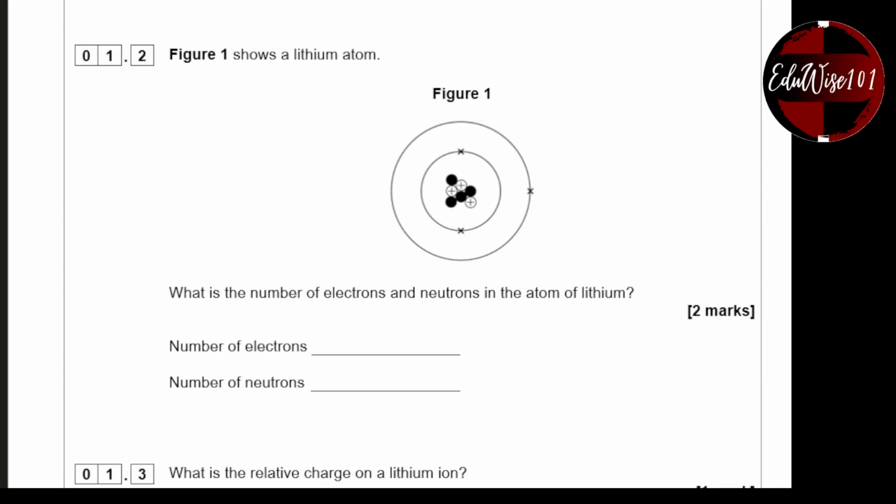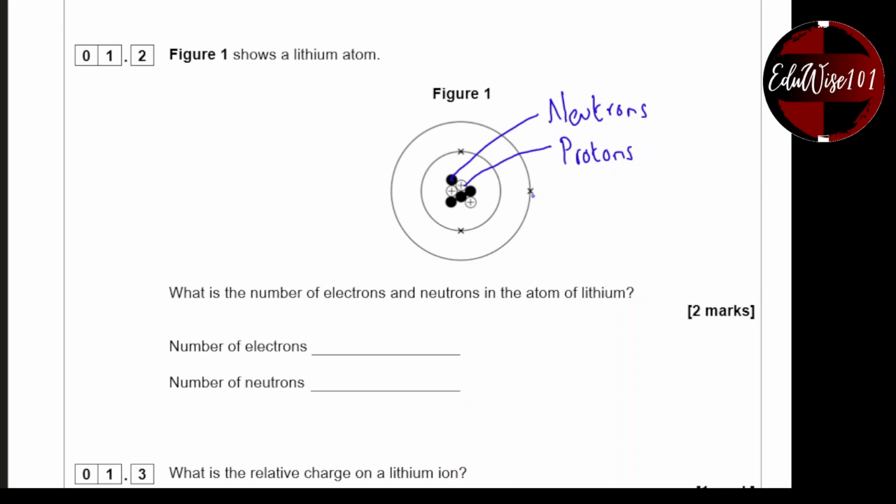1.2. Figure 1 shows a lithium atom. What is the number of electrons and neutrons in the atom of lithium? Now, here, if I label the atom, we have the neutrons, and the ones with the positive charges are the protons.